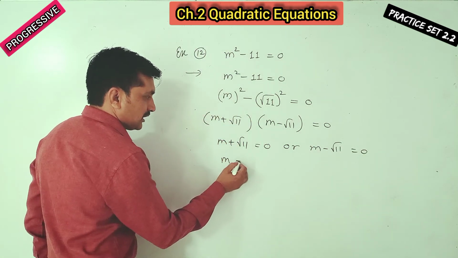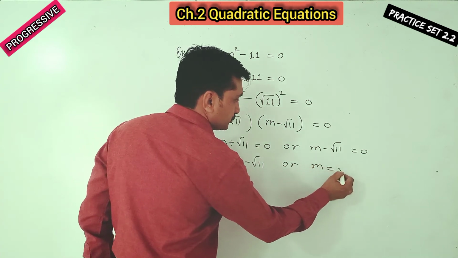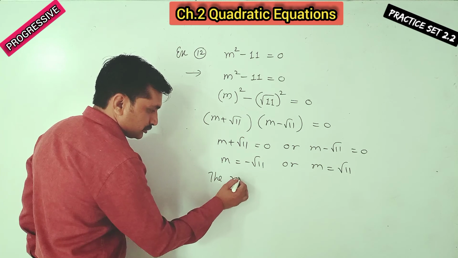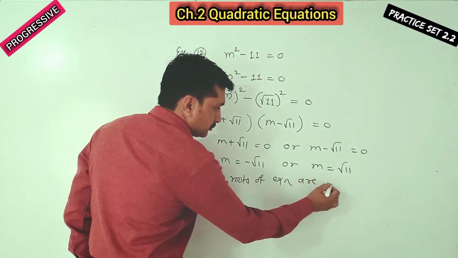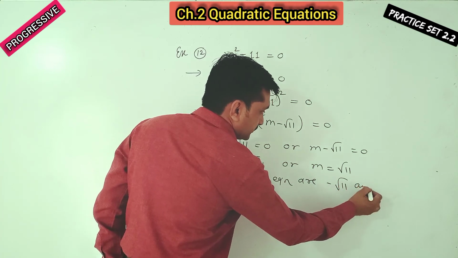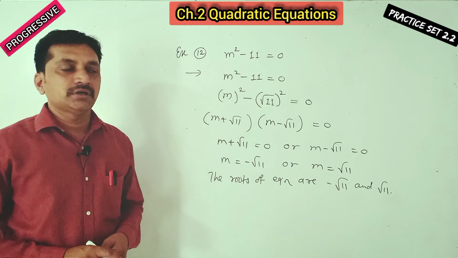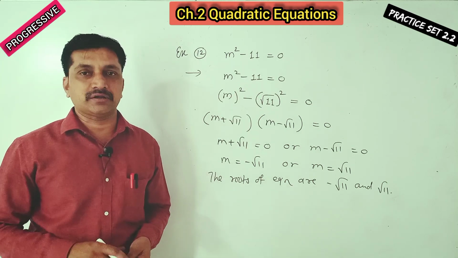Last step, m is equal to minus root 11 or m is equal to plus root 11. These are the roots. Therefore, the roots of the equation are minus root 11 and root 11. In this way we completed practice set 2.2, which was based on the factorization method.